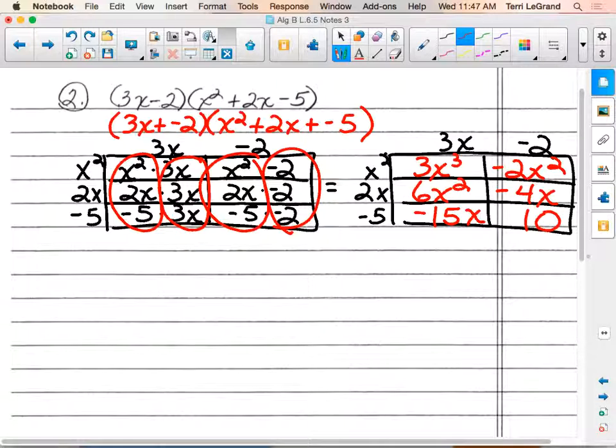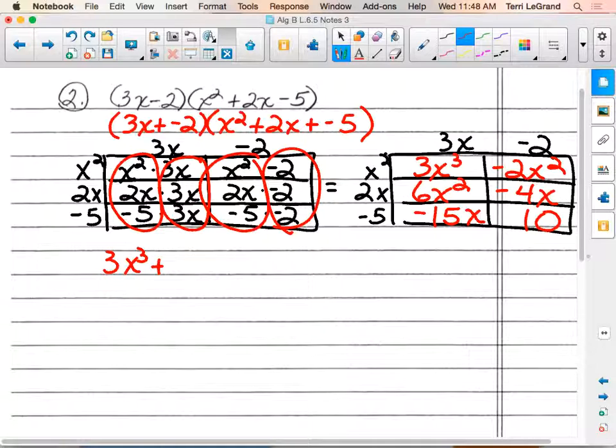Okay, what do we do next in rectangle? Yeah, write them all down in an addition problem. So 3x cubed plus, okay, I'm going to show you something because I want you to maybe get to take a little shortcut here.